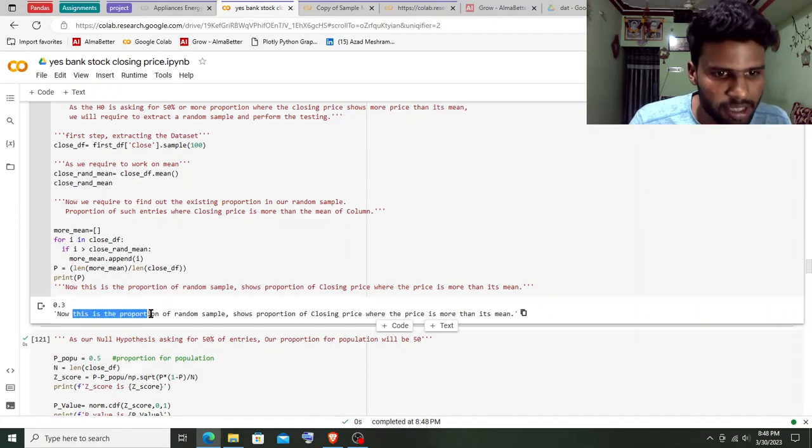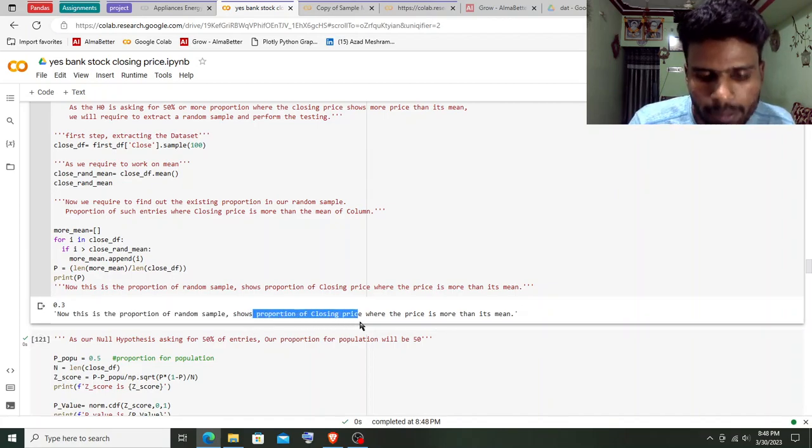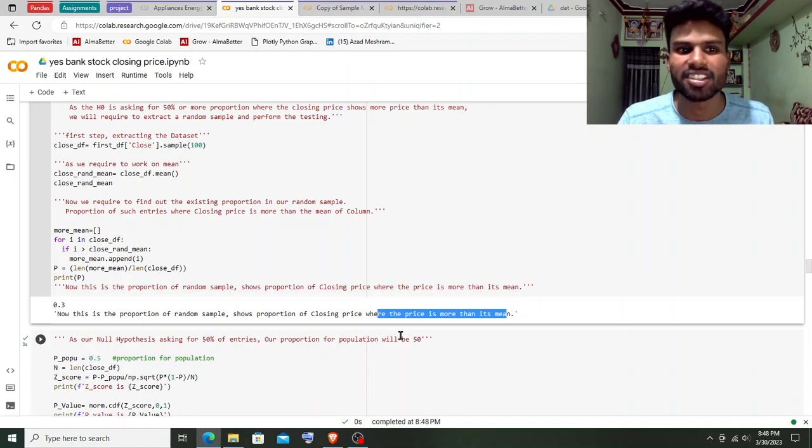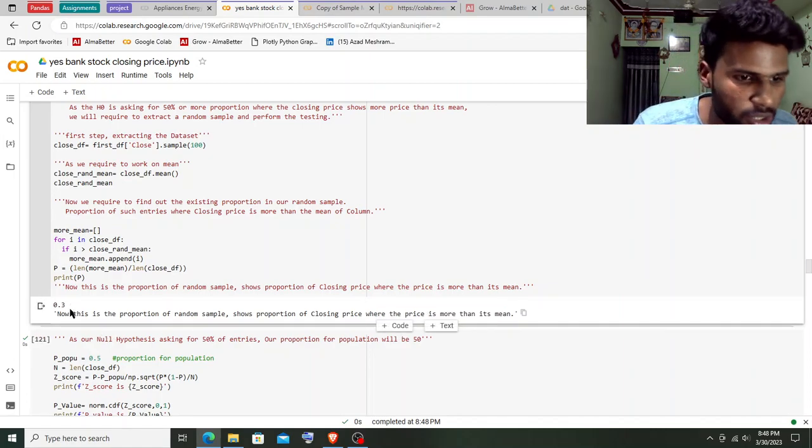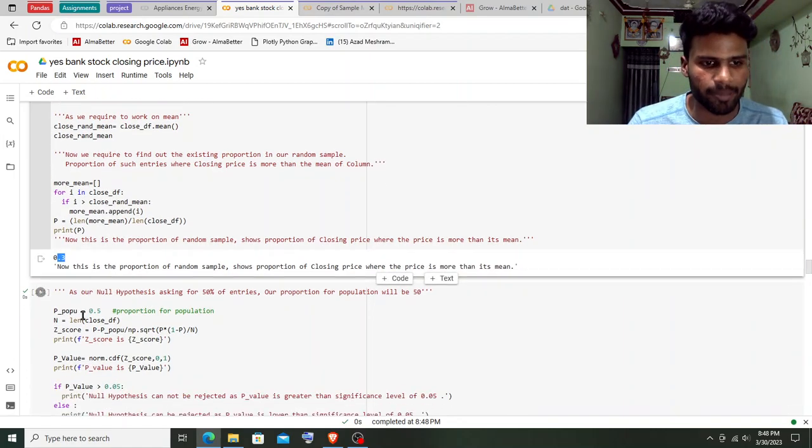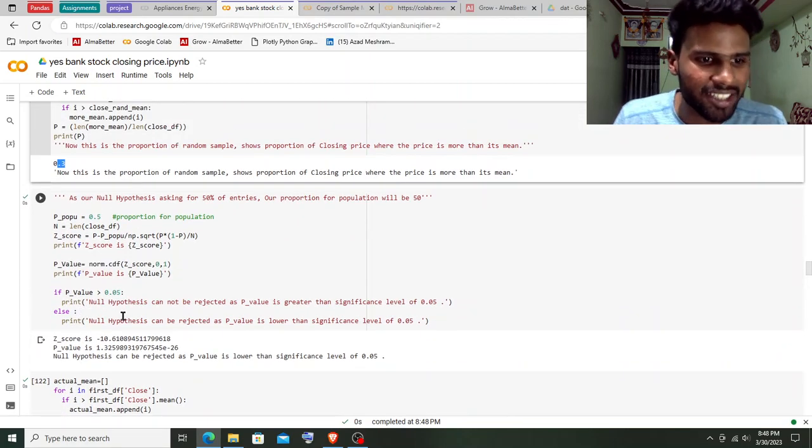Okay, now this is the proportion of the random sample, it shows the proportion of closing price where the price is more than its mean. Means the closing price is more than its mean, and that proportion is only 0.3. This is our p-value.